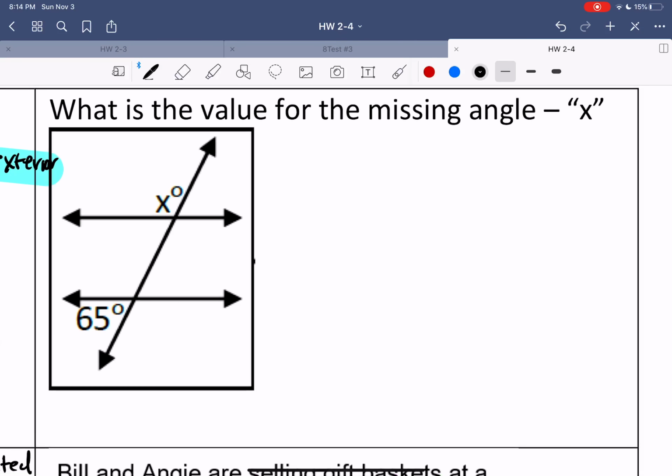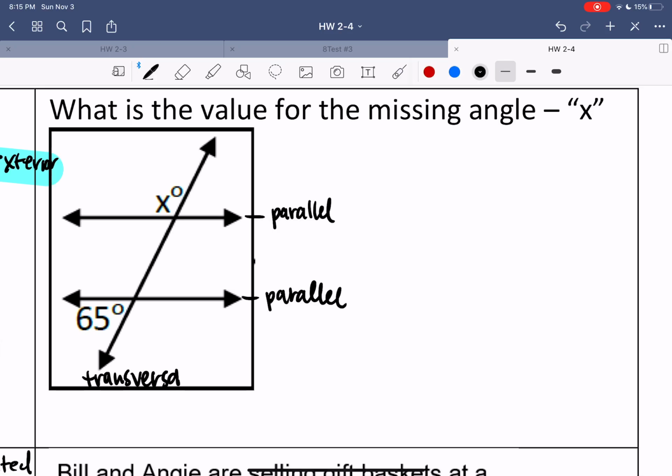And what is the missing angle? X. So again, parallel lines and a transversal. I don't know how many times I've said it, but the 4 angles created by a transversal will be the same where the transversal cuts the second parallel line. And vertical angles are always congruent.